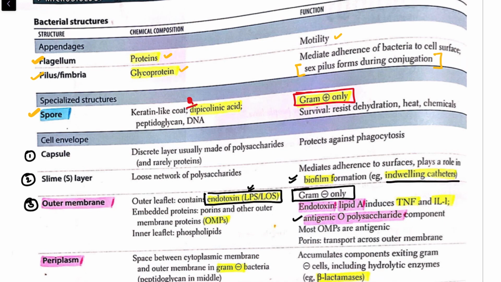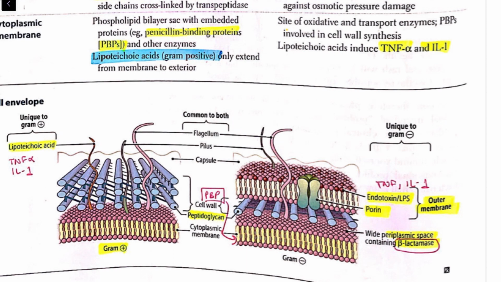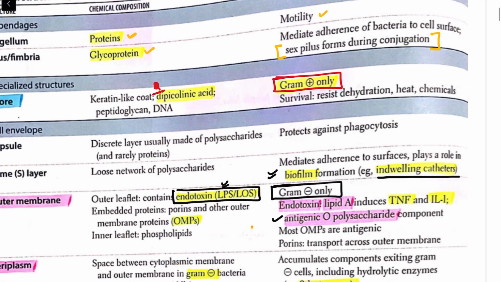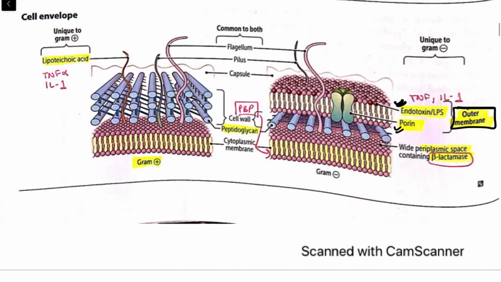Okay. So here we can see a gram-negative cell wall, and you can see the outer membrane that contains the endotoxin, and it also contains porin. Right? Next is the periplasmic space. This is the space between the cytoplasmic membrane and the outer membrane in the gram-negative bacteria, like this one. And this periplasmic space contains beta-lactamases.